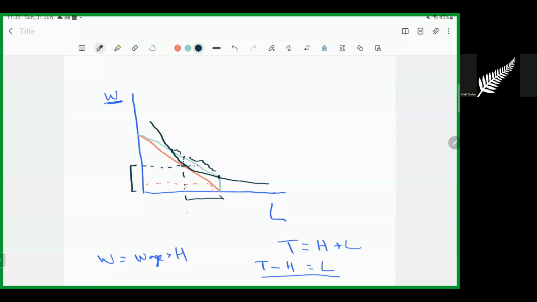We know that leisure is a normal good, and we know that wage income is a normal good as well. So in terms of the income effects, we wouldn't expect any reduction. So if the curve had moved out in a parallel manner, we would expect to essentially be taking as much leisure as we were before, maybe more.